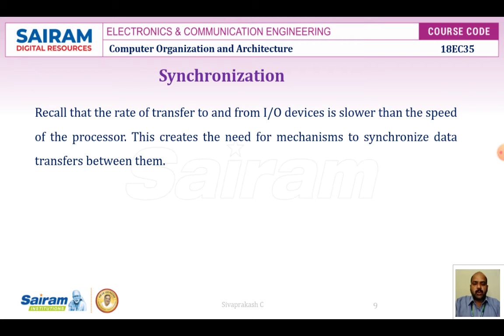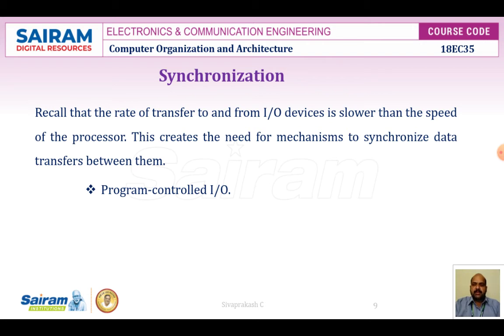To overcome this problem, we make a mechanism which synchronizes the IO devices and the processor. Due to the synchronization, the process is done very quickly and the outcome is given to the output device as per the estimated time. In such a way we do a process called synchronization.